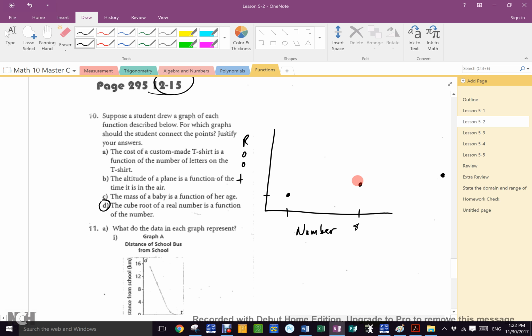Now, if I input a number that isn't 1 or 8, does that number have a cube root? It's an irrational cube root, which goes on forever and ever, right? So I'll ask again, does it have a cube root?